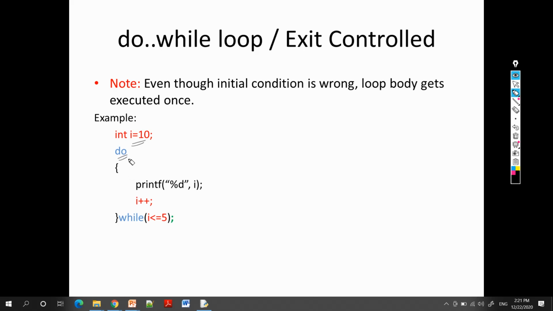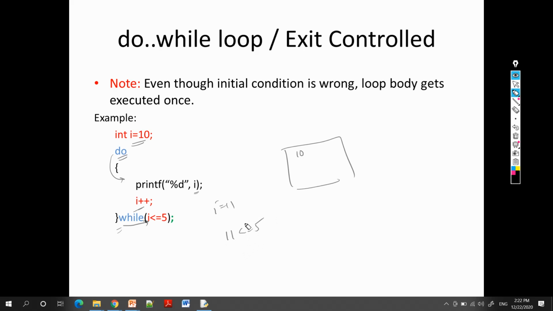Why so? Because I equals 10. So you come to the loop. Only do is written over here, so it will directly jump into the loop. This will be printed, so on the screen you can see 10. Then I will be incremented, so now I becomes 11. Then when your loop gets completed and you are coming out of the loop, this condition is checked: 11 less than or equal to 5.